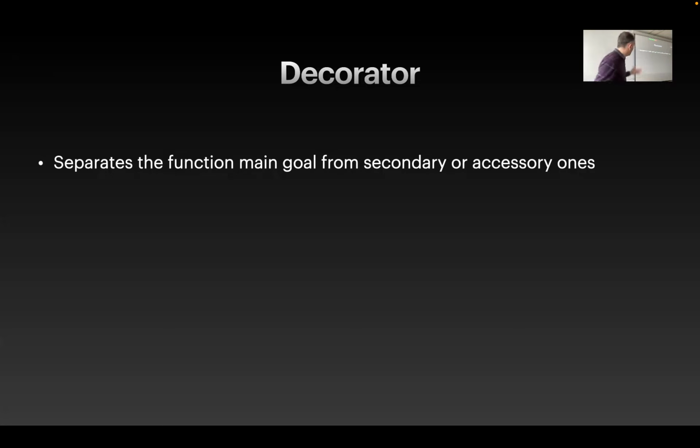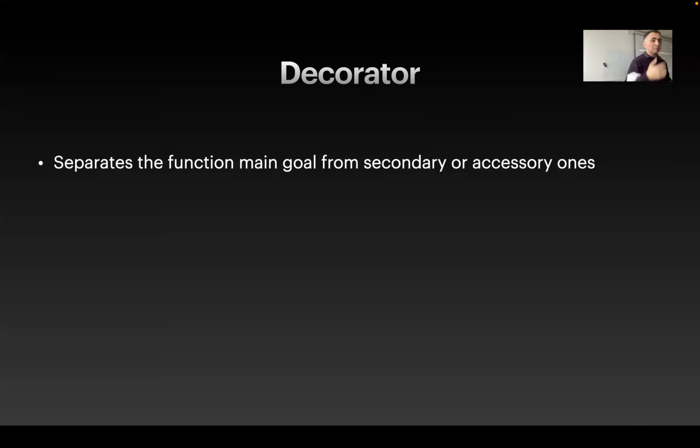One of the reasons why decorators are important is that you can separate the main function of what you're doing from all the other stuff that you need to do, like checking that the parameters are well formatted, checking that the user has access to this function, or that you have a valid token, or anything related to authorization.